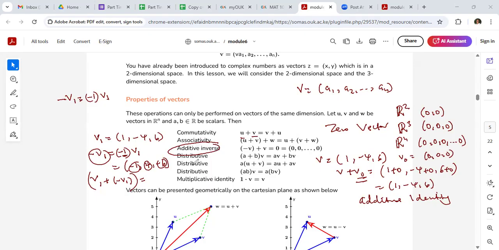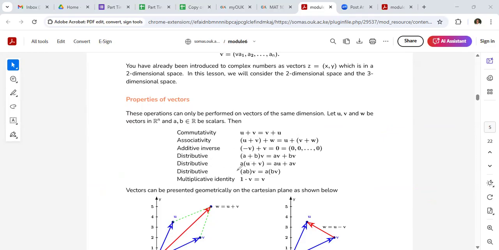Then you have distributivity over addition and also over scalar multiplication. But you all recall BODMAS, so you have to be careful. You cannot distribute addition over multiplication, but you can distribute multiplication over addition. What I mean is, if for example I have a plus v multiplied by u, then this will not be the same as a plus v multiplied by a plus u.